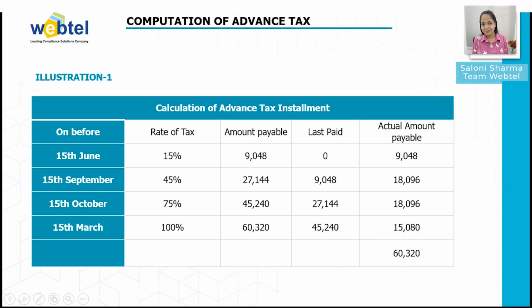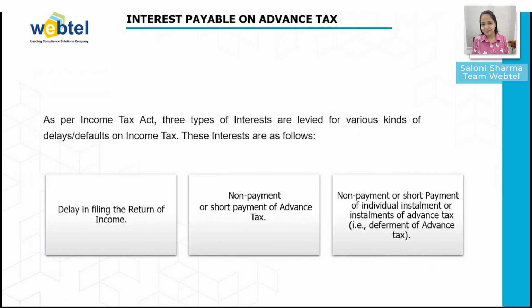In the first installment he has not paid any taxes, so the amount would remain the same. In the second installment he has paid only 9,048 rupees, and the actual payable amount would be calculated as 18,096 rupees, and in the third the same amount would be calculated, and in the fourth installment 15,080 rupees would be calculated as the actual amount payable. So overall he needs to pay 60,320 rupees as an advance tax.